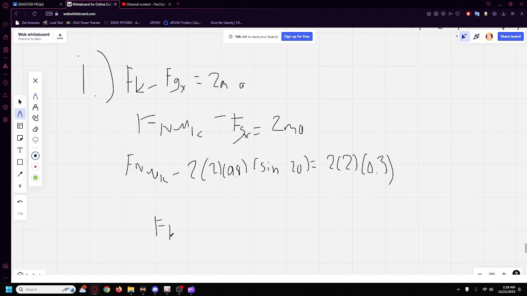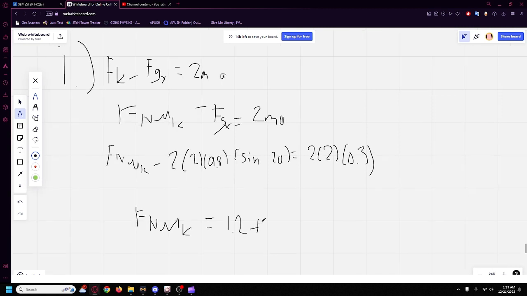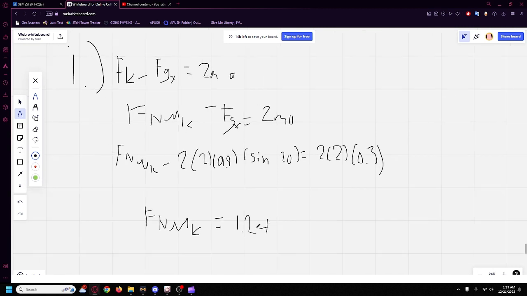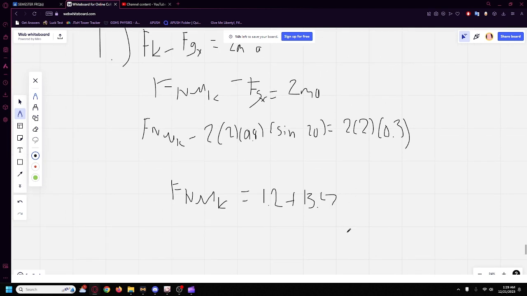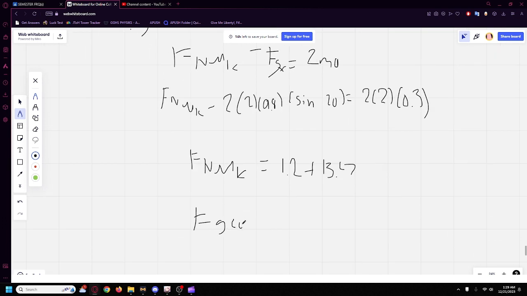Now F_N is the same thing as F_g cosine theta mu_k.